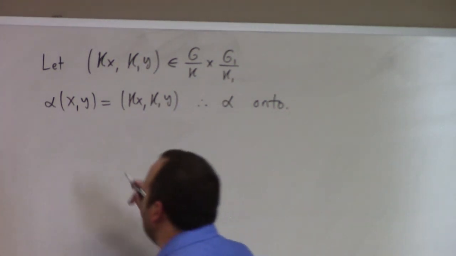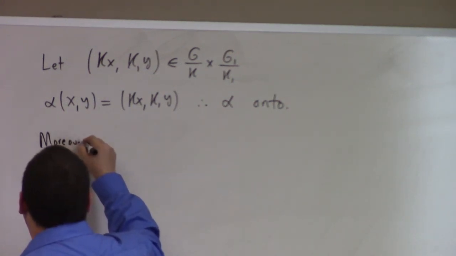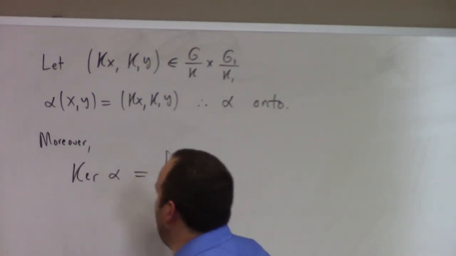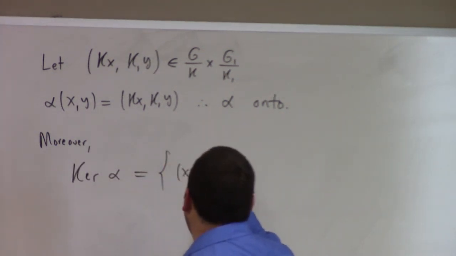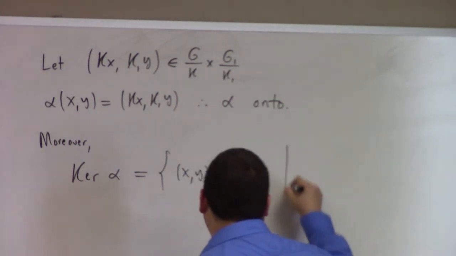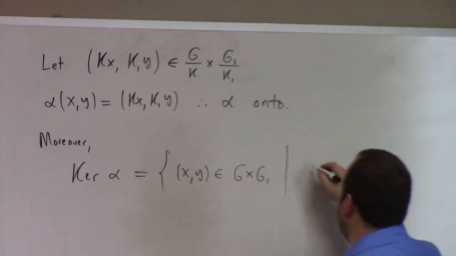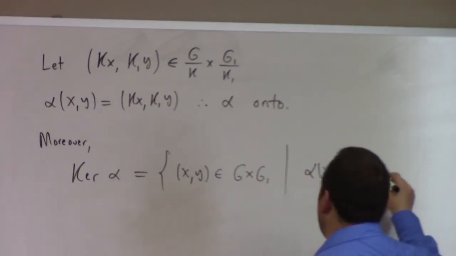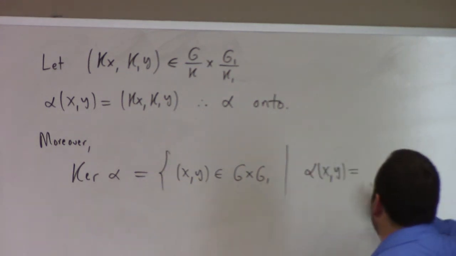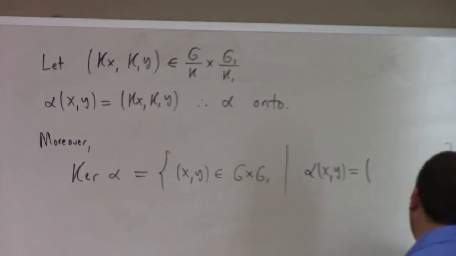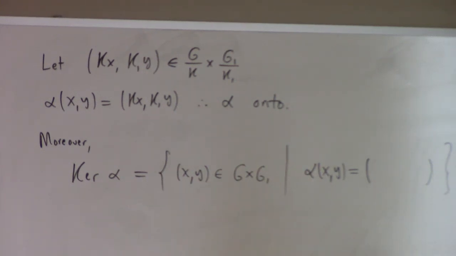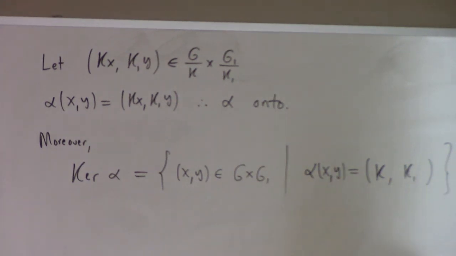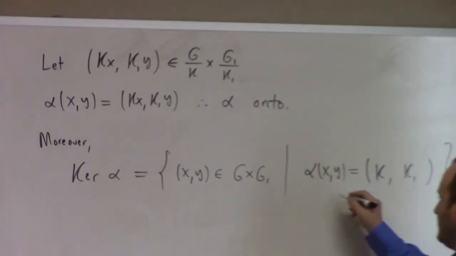Anyway, so moreover, the kernel of alpha, what's that? This would be xy in G cross G1 such that alpha of xy is equal to 1 over here, right? What is 1? It's k, k1, right? So what does this mean?